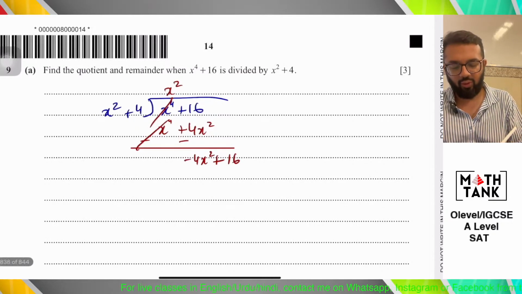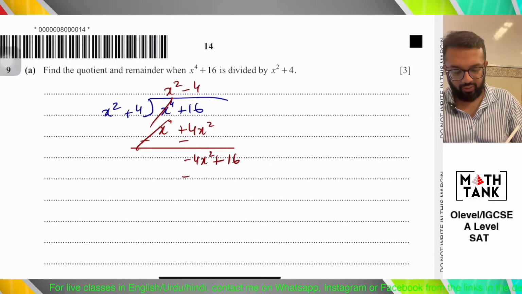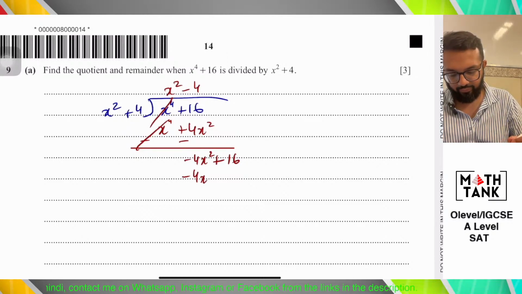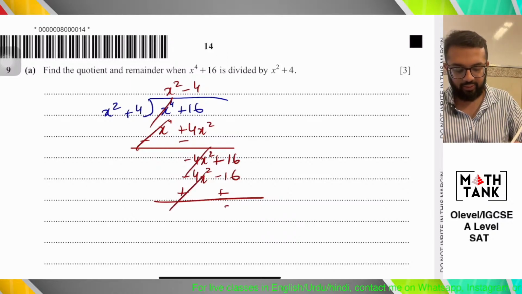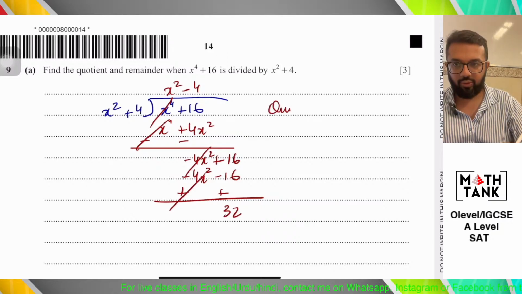Always write them in order because it gets complicated if you don't. So minus 4x square minus 16. You change both the signs. It cancels out, and you get 32. The quotient.